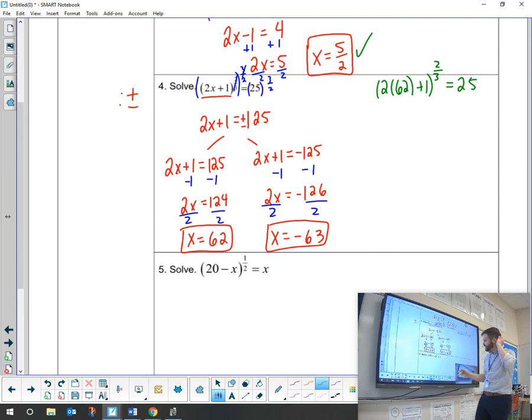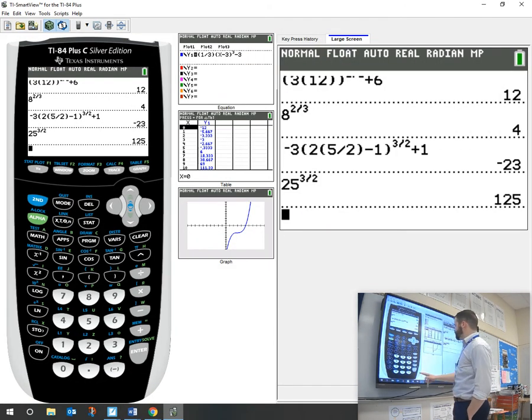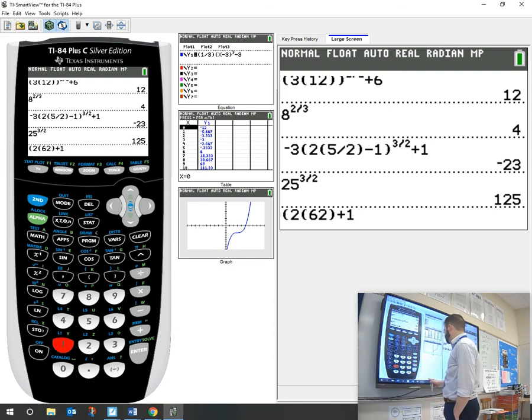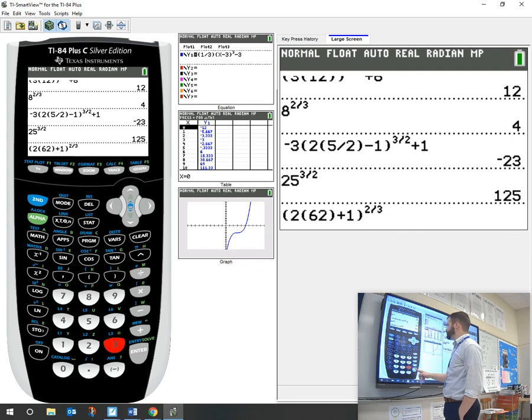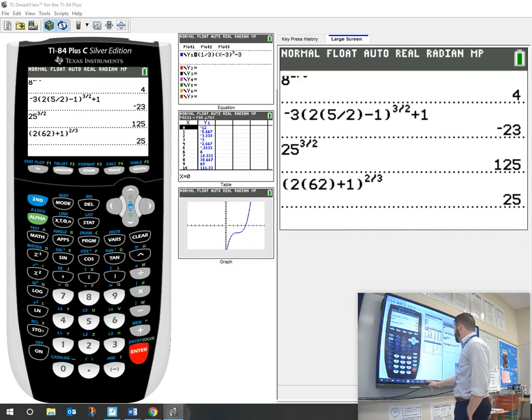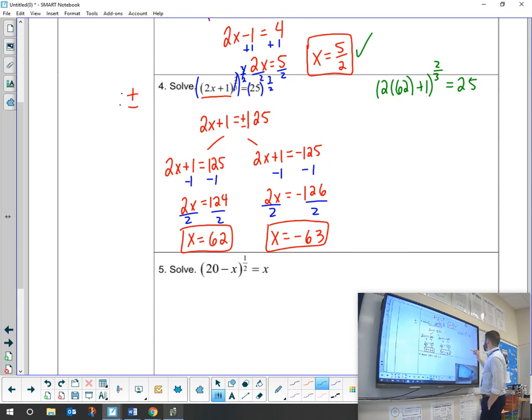And so we'll plug that into our calculator. 2 times, oh, let's put parentheses, sorry. 2 times 62 plus 1 to the 2/3. Hey, that equals 25. So this one checks out. So 62 checks out.